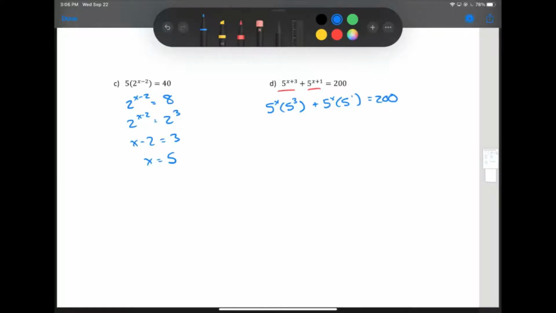Okay, so what's the advantage to that? Well, the advantage is I've got a 5 to the x in both of those terms that I can factor out. So I get 5 to the x, and once I factor that out, I'm left with 5 cubed plus 5, equals 200.